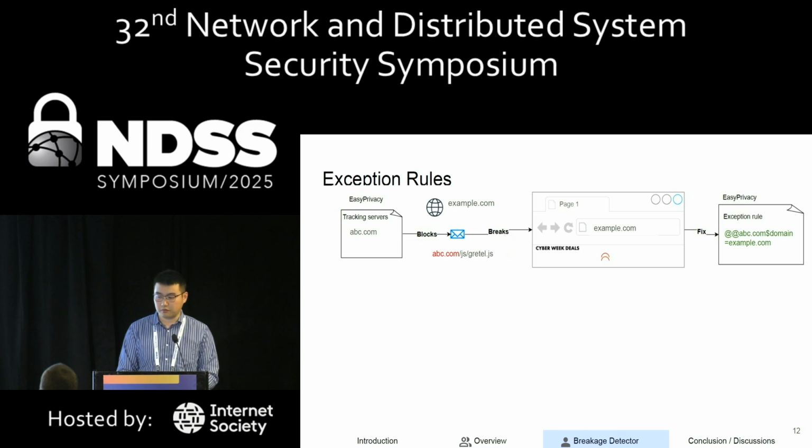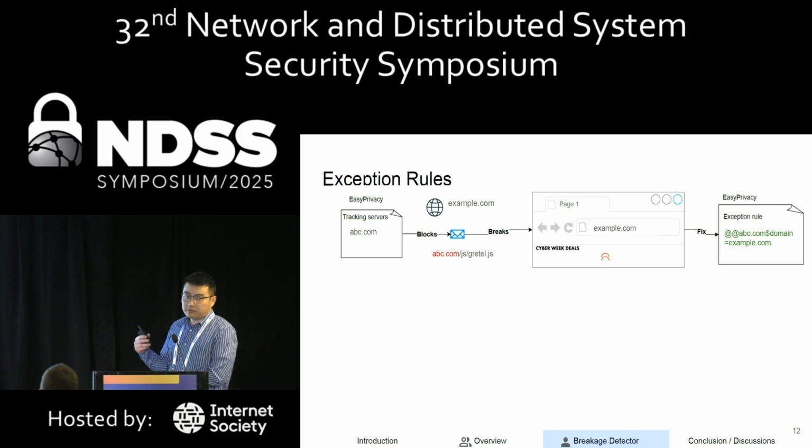Let's see one example. Starting from the very beginning, privacy developers have identified that abc.com is a tracking domain, and they insert a rule there to say any request to that domain should be blocked. However, a user has reported that a breakage has happened on example.com. The cyber weak deals section loads indefinitely.